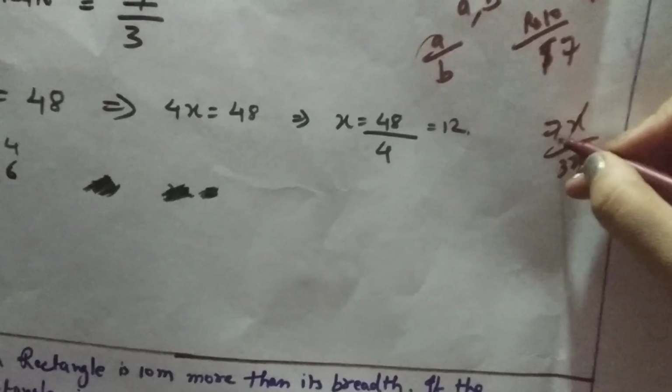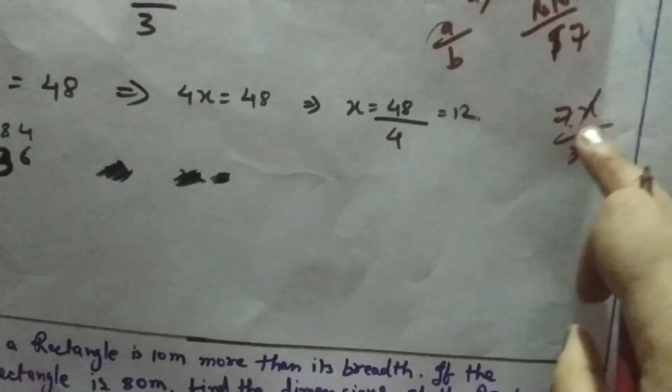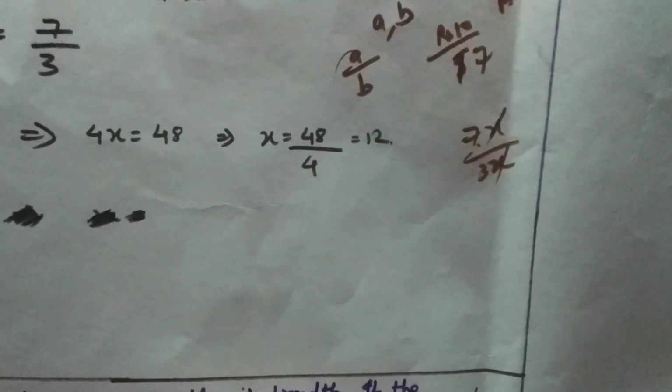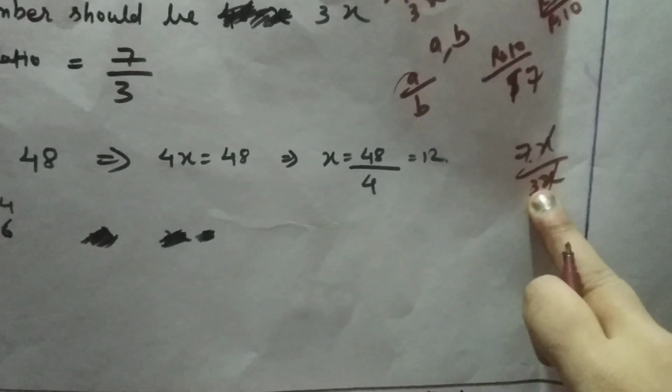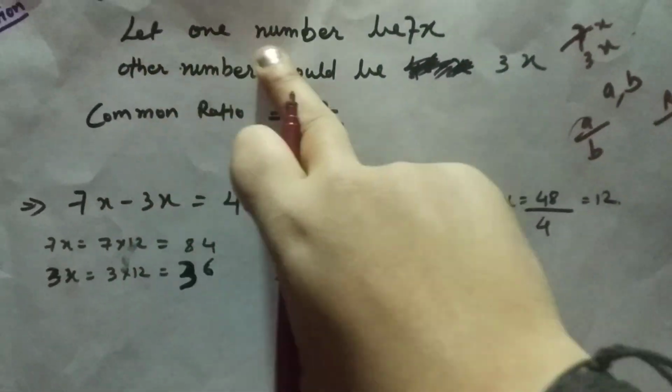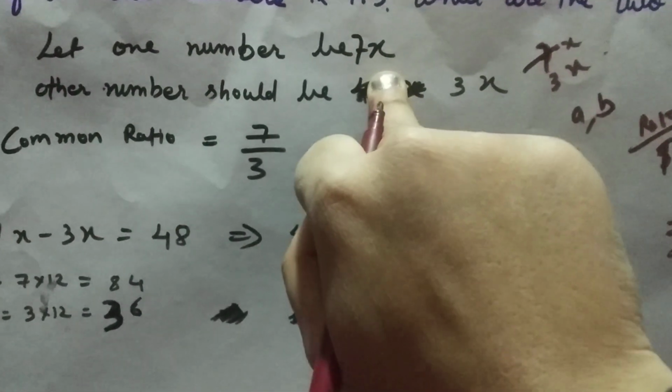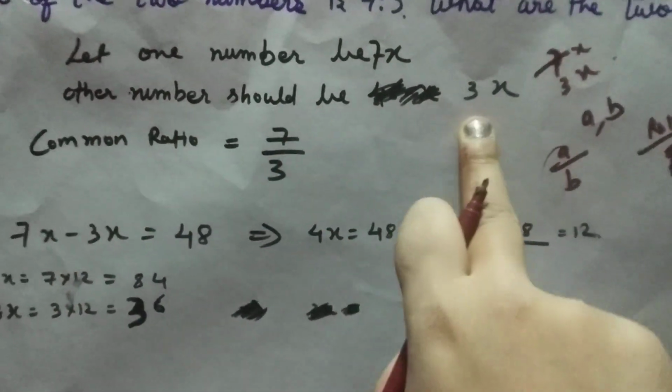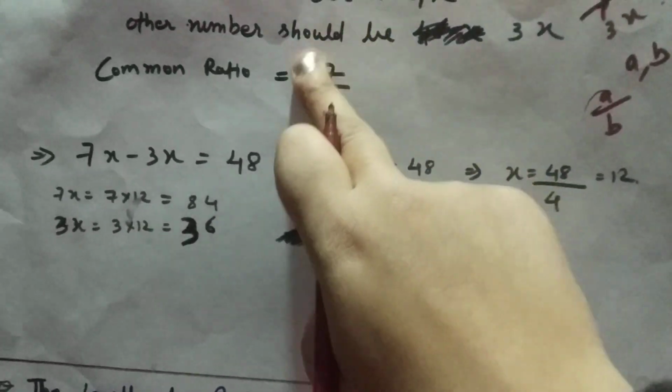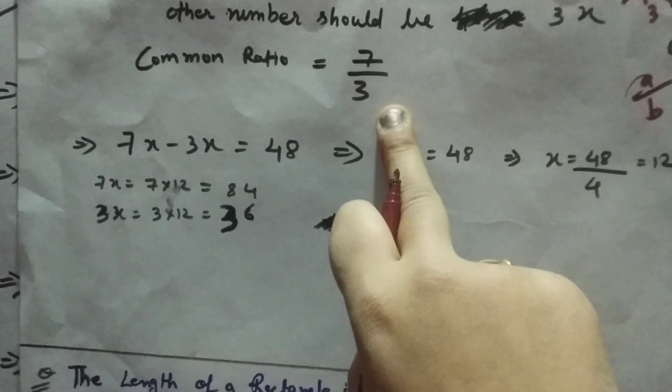So 7/3 can be written as 7x/3x. We consider one number to be 7x and the other number to be 3x. The common ratio is 7 to 3.